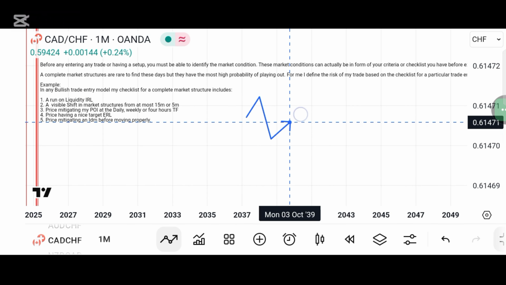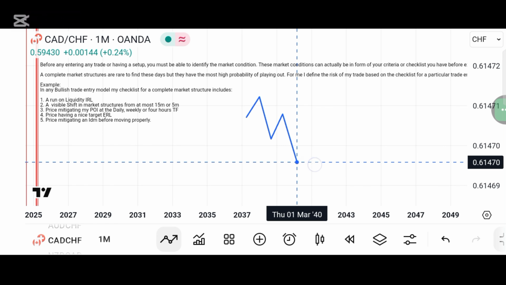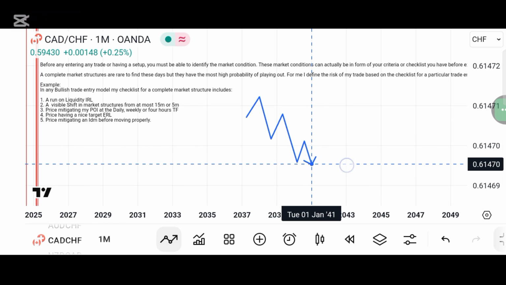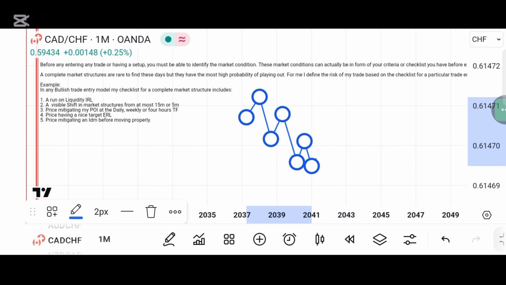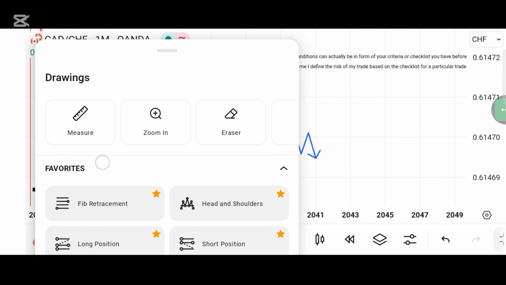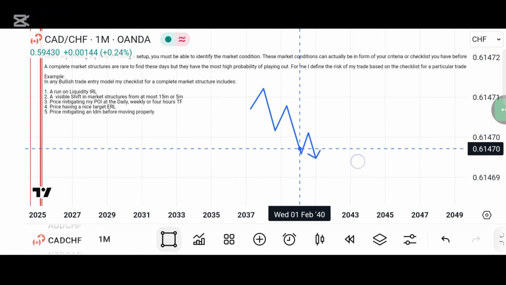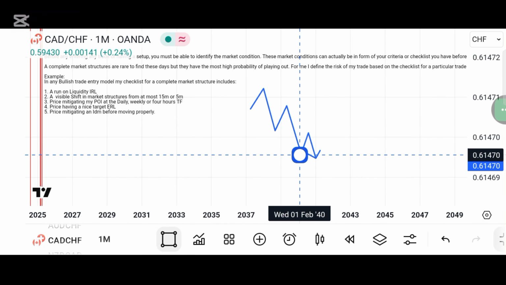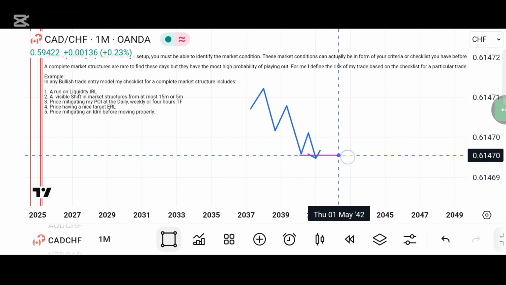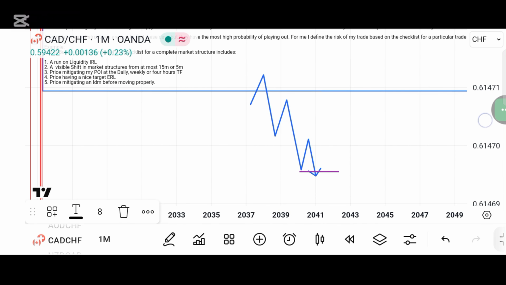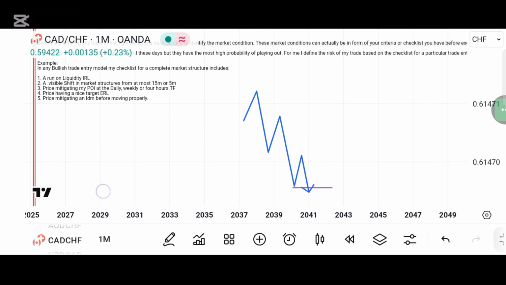So if you're looking for a bullish market, you want to have that liquidity swept. Sorry guys. So this low here is going to be your IRL, your internal range liquidity. Number two, a visible shift in market structure on the 15 minutes or 5 minutes.